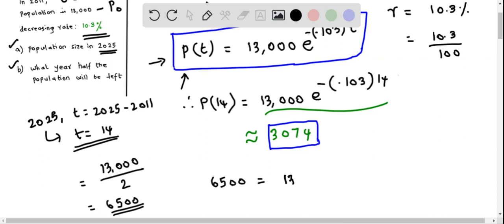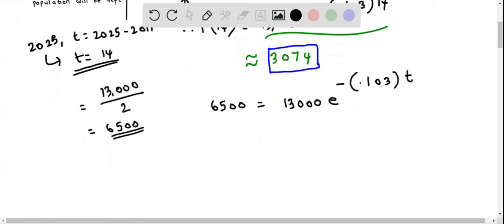And this equals 13,000 e raised to the power of negative of 0.103 times t. Now we have to solve for t from this equation. First, I divide both sides by 13,000, and here also by 13,000.